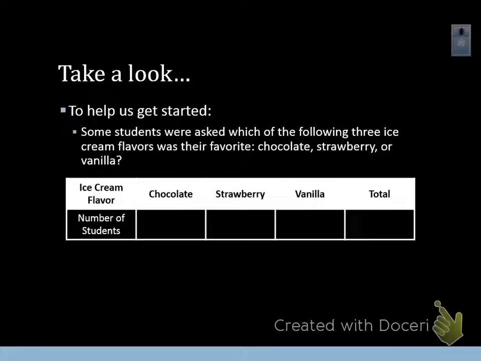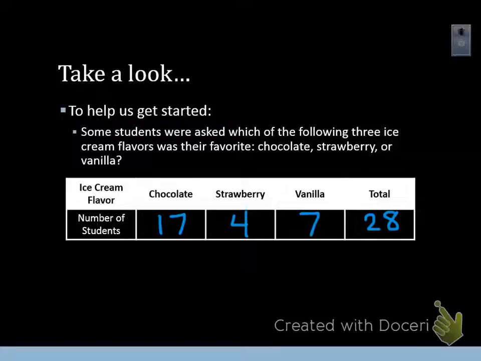So let's say that we had 17 students, please put this in your chart, 17 students that preferred chocolate, 4 that preferred strawberry, and 7 that preferred vanilla. So if I were to count all of that up, that would be 28 total students. Again, please put that on your chart.